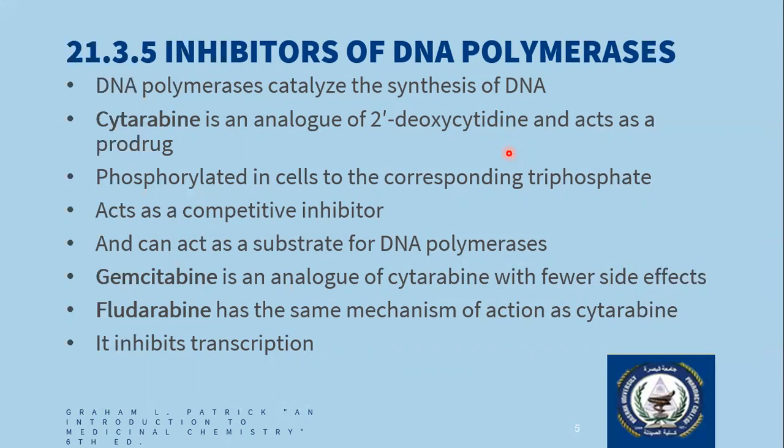Anyway, cytarabine acts as a prodrug. It is going to be phosphorylated in cells to the corresponding triphosphate. The triphosphate cytarabine will act as a competitive inhibitor for the enzyme DNA polymerase. It can also act as a substrate for DNA polymerase, which means if cytarabine could not inhibit the enzyme, it is going to be incorporated into the DNA.